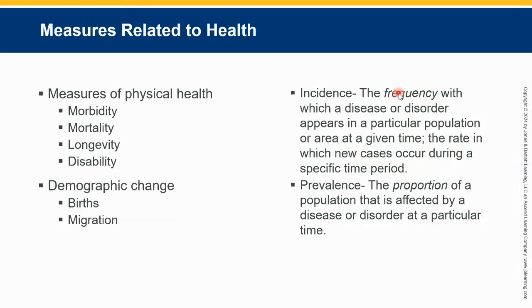So it's the frequency of diseases that are occurring. Whereas prevalence is the proportion of the population that's affected by a disease or a disorder. How many people in 100 people are affected by it? Okay, the proportion of the population, 50% of the population is affected by this disease.